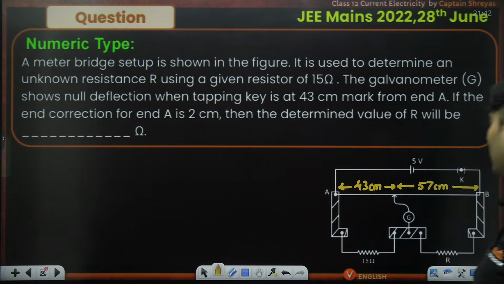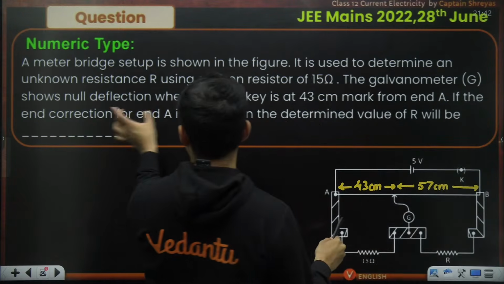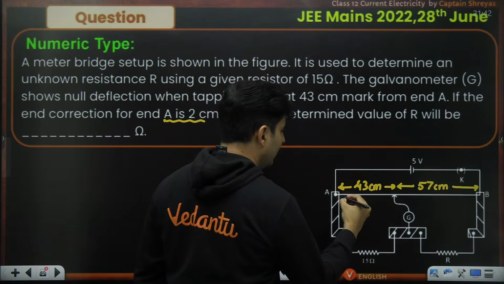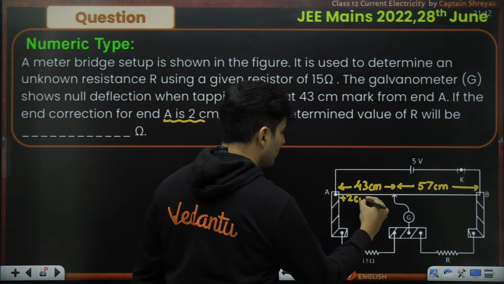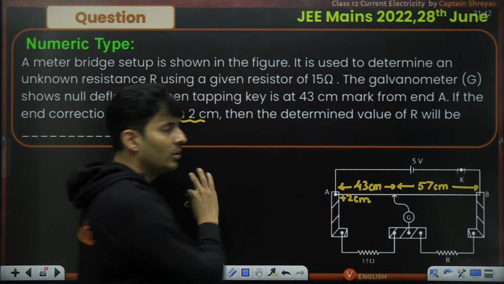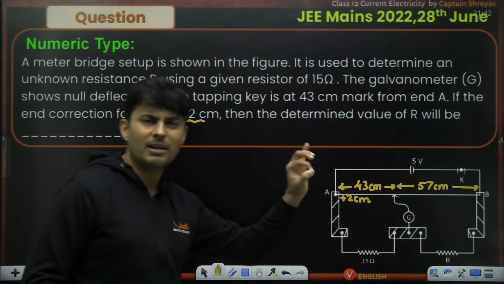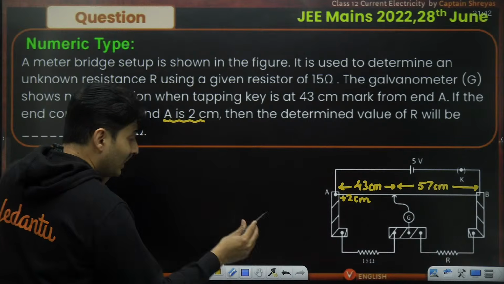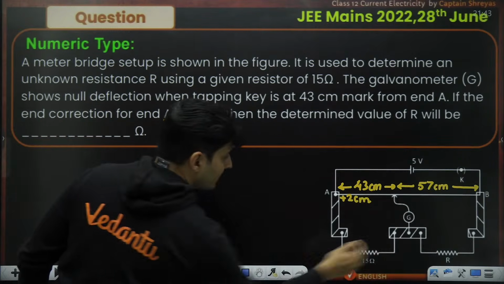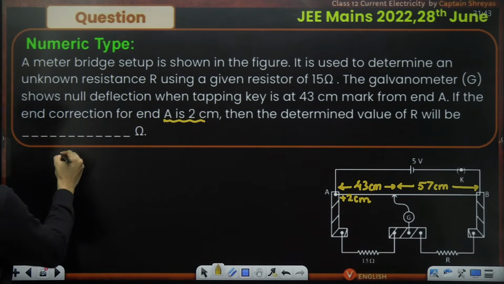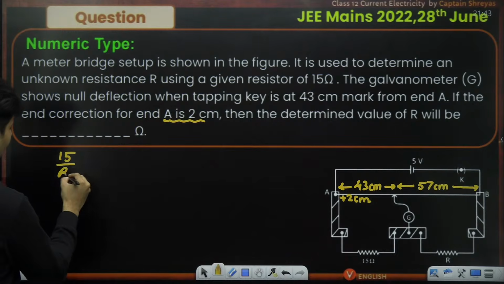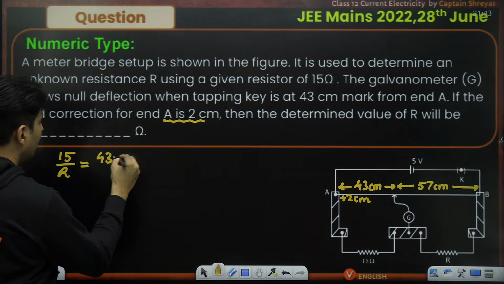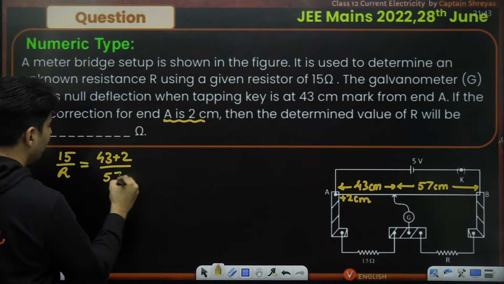Determine the value of R. Because on this side they have told the end correction is there of 2 centimeters, I need to add plus 2 centimeters on the left side to account for the resistance of the connecting parts, screws, joints, etc. So by the logic, this resistance by this resistance, which is 15 by that unknown, will be this length by that length, which is 43 plus 2 by 57.